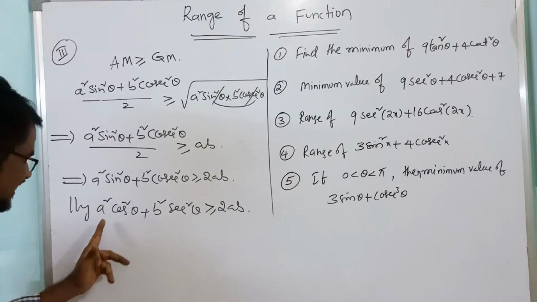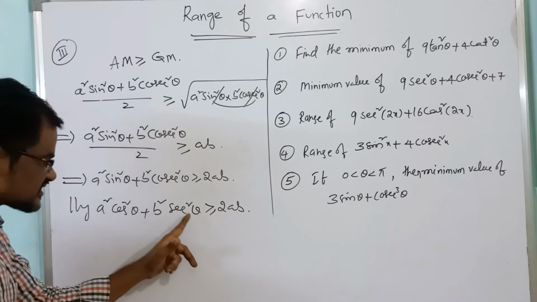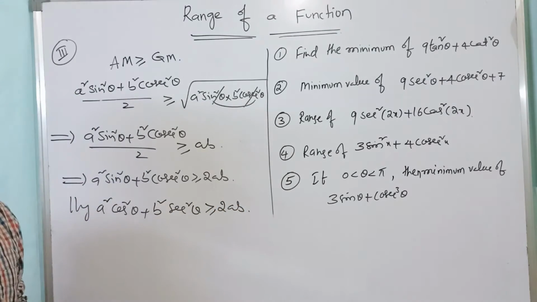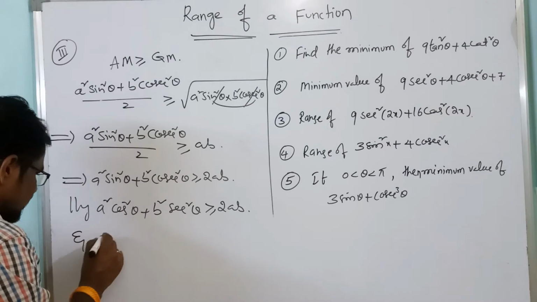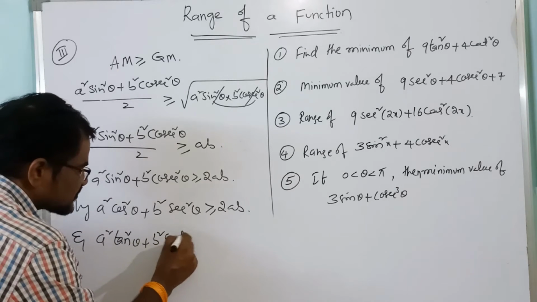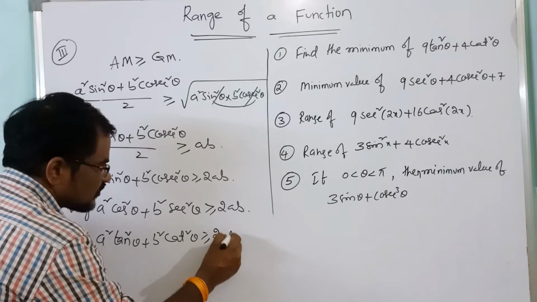Now here sine is reciprocal to cosecant. Similarly, a square cos square theta plus b square secant square theta, since secant is the reciprocal of cos, is also greater than or equal to 2ab. And a square tan square theta plus b square cot square theta is also greater than or equal to 2ab.